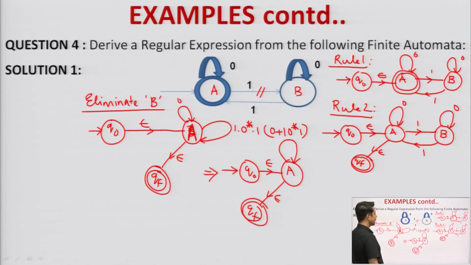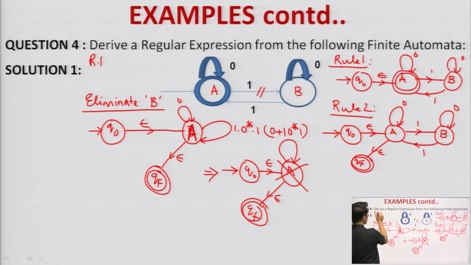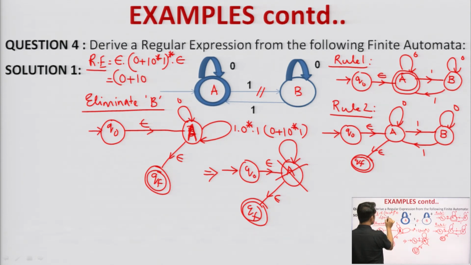Finally, I can eliminate state A. So, I will get the final regular expression as epsilon dot (0 plus 1 0 star 1) whole to the power star dot epsilon. And epsilon dot anything is itself, therefore the final expression will be (0 plus 1 0 star 1) whole to the power star. So, this is the final regular expression for this diagram.